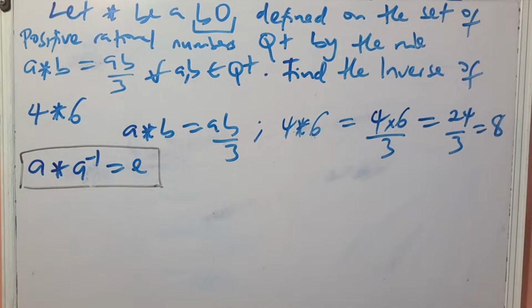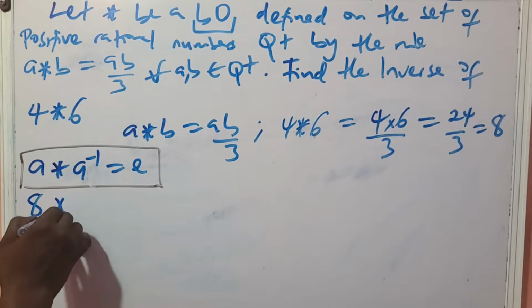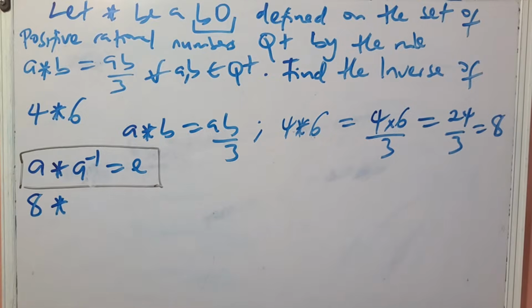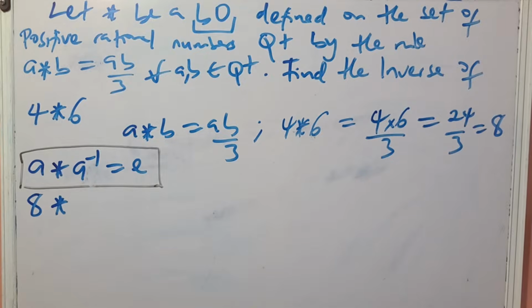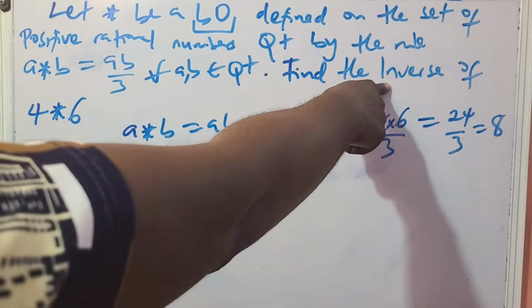Now we're told of an element already: 4 star 6 is actually 8. So 8 star, let's use any letter for its inverse, X, Y, anything you want. Let me just put X there to represent the inverse we're looking for.